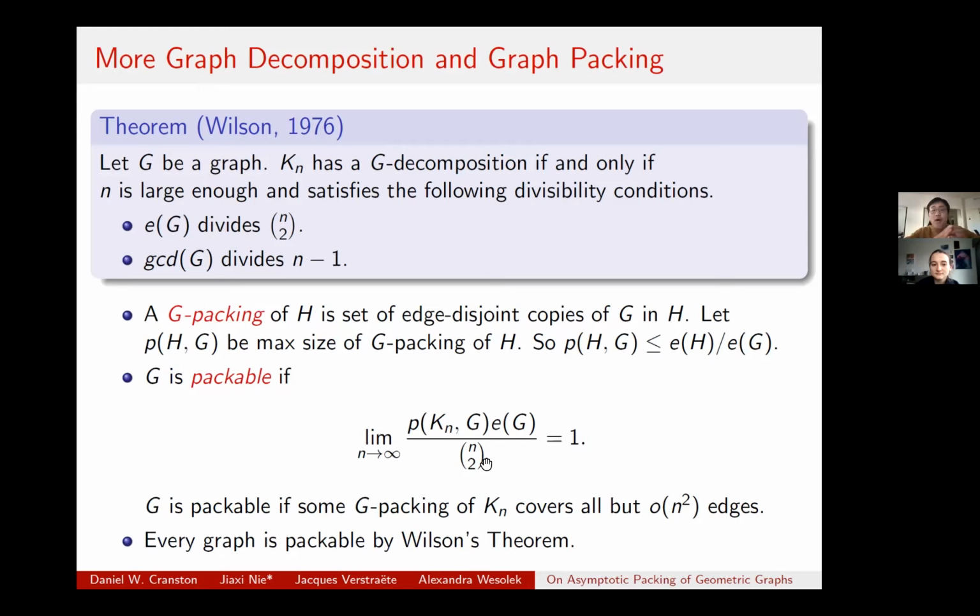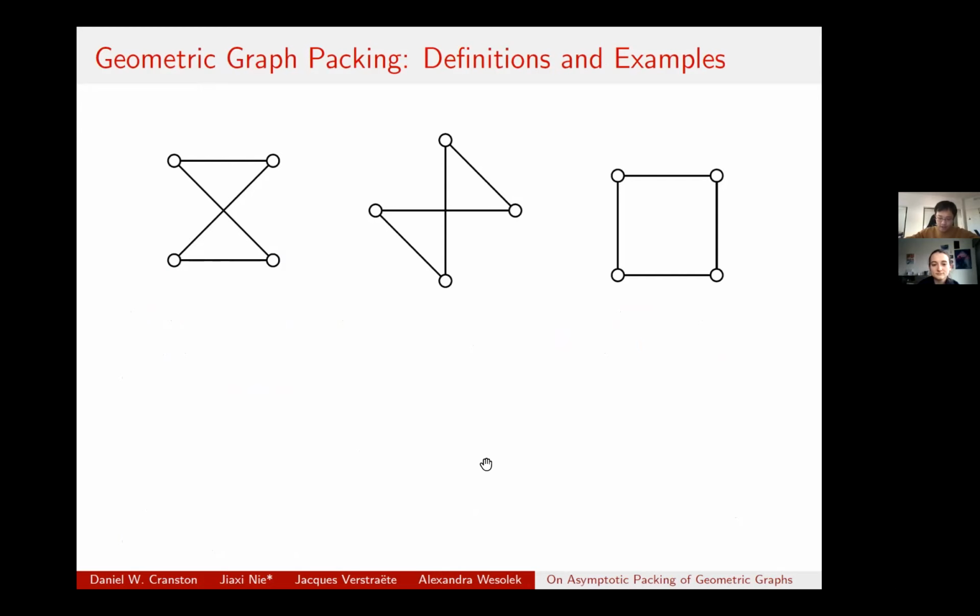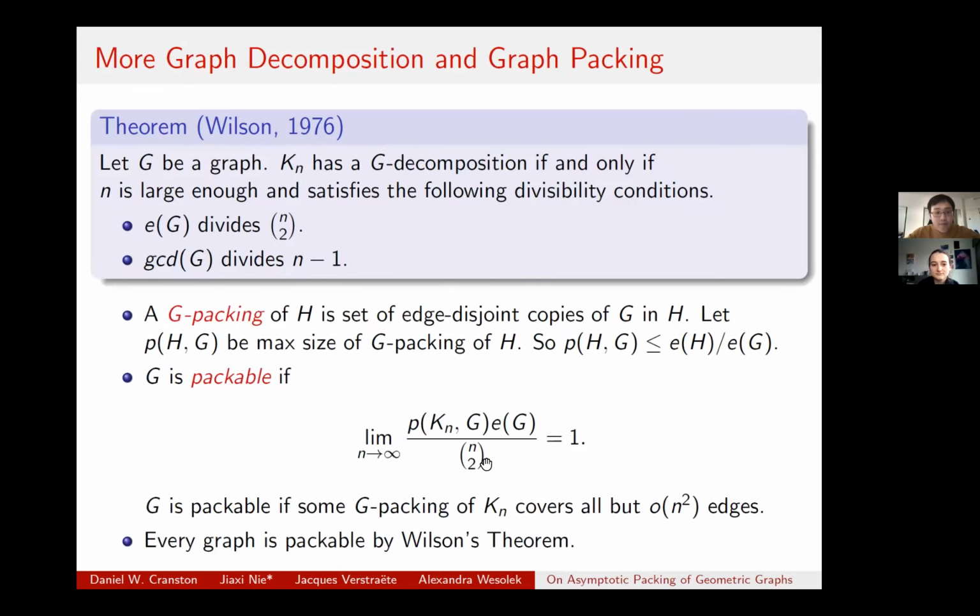By doing so, we are only ignoring big O of n edges, so it will still be an almost perfect packing under our definition. So the asymptotic packing problem for abstract graphs is also completely solved under this definition.